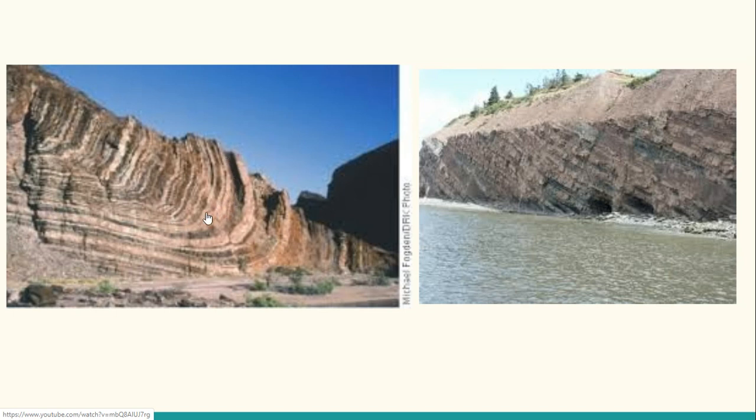So you can see that this got folded, but the layers were laid down in this order before this fold happened. And here's a tilt on the rock on the right side. These layers here were laid down before the layers up here.